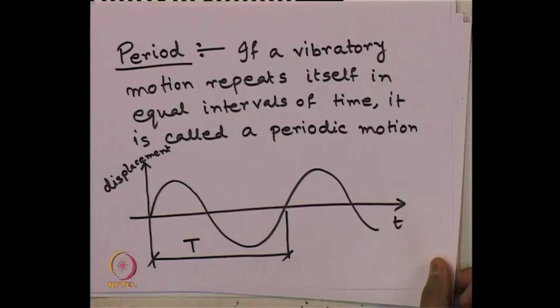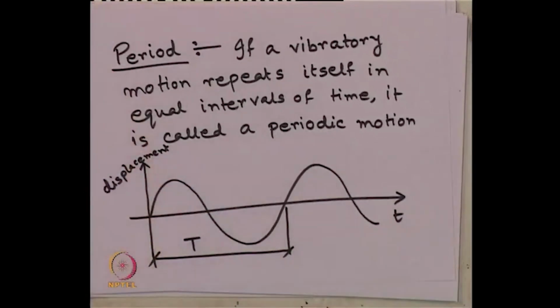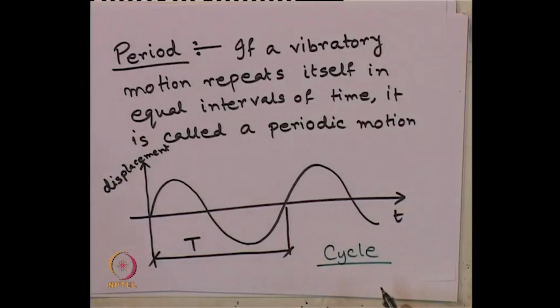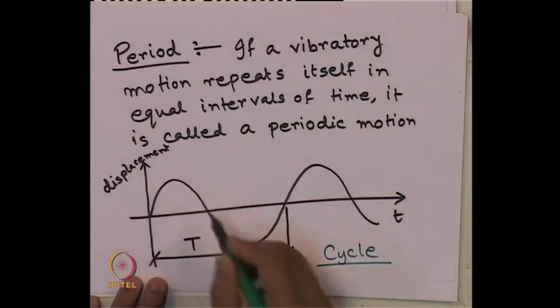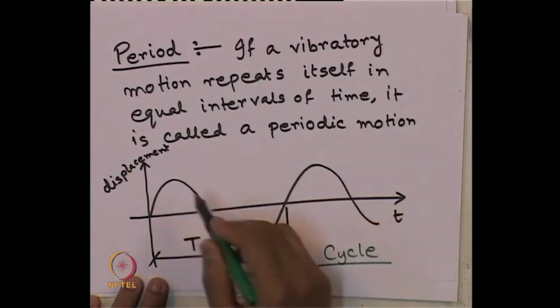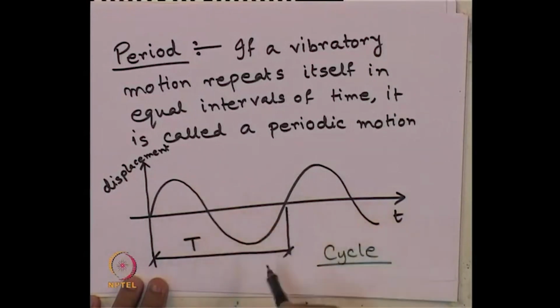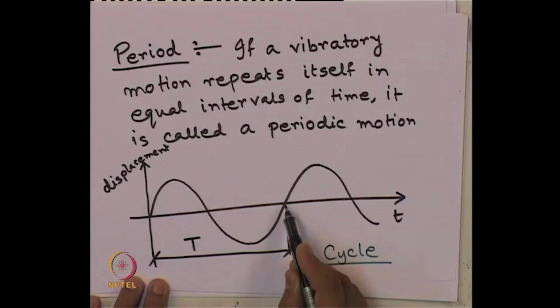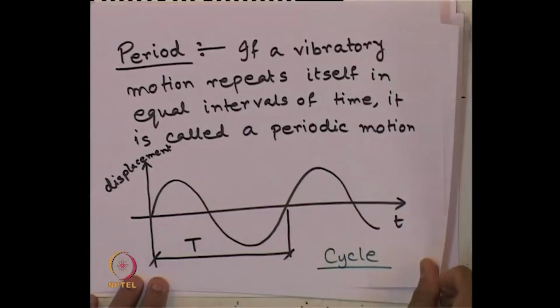And what is called a cycle? In this context, we can mention another terminology. The cycle of vibration means the motion repeats after a particular point. From here to this point is one complete cycle.